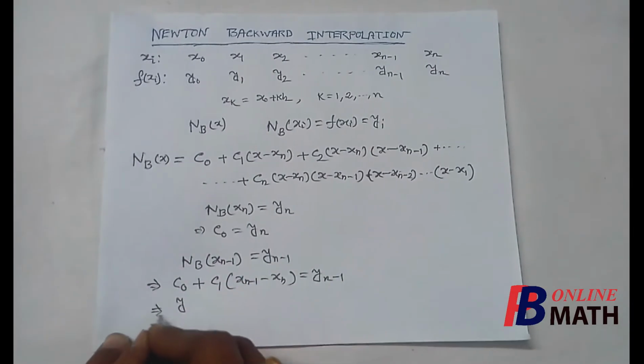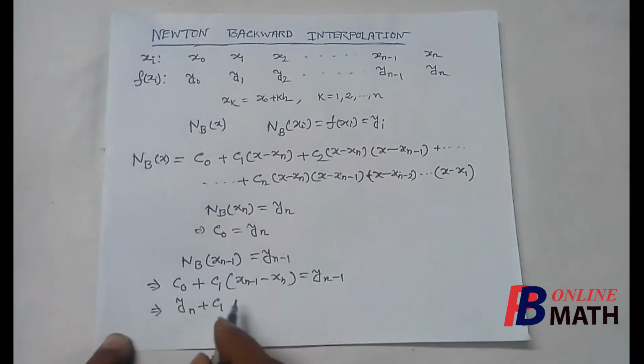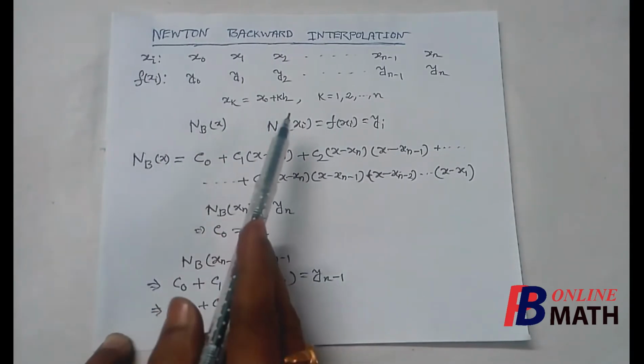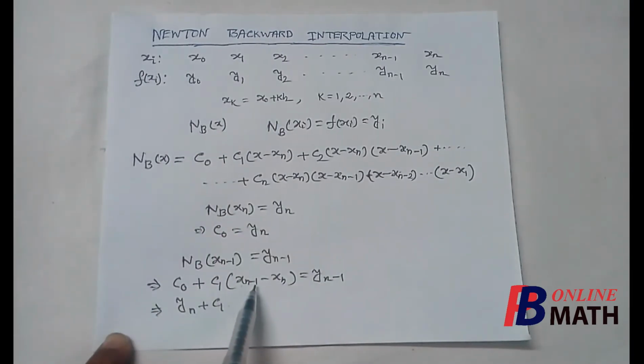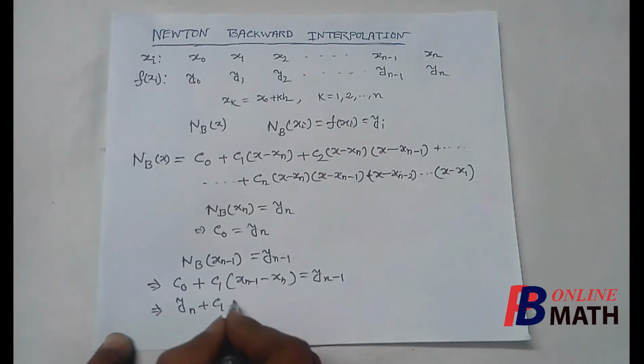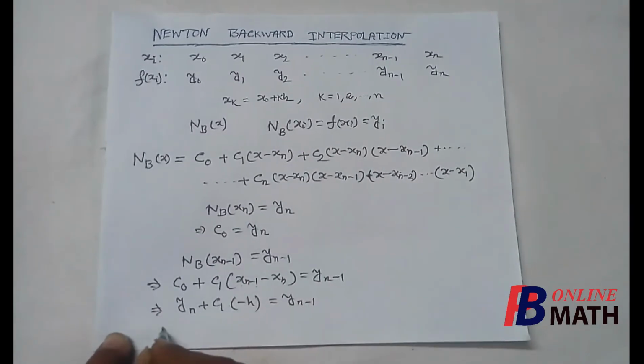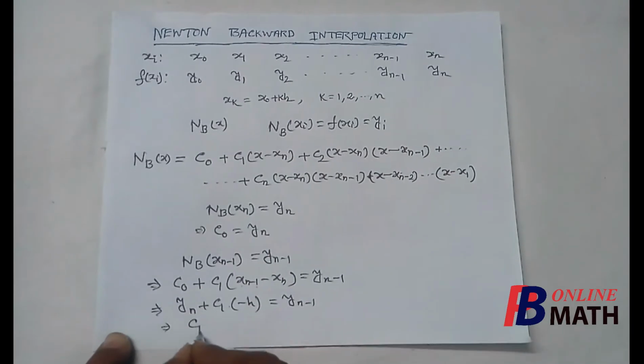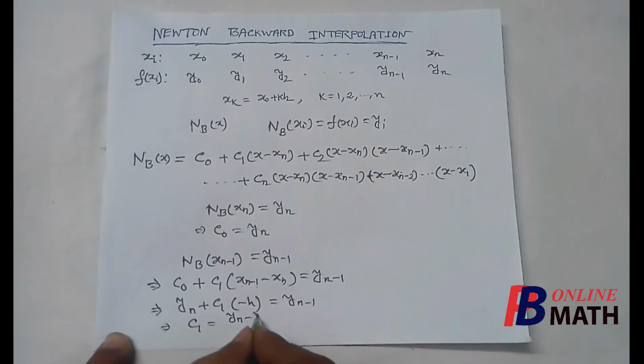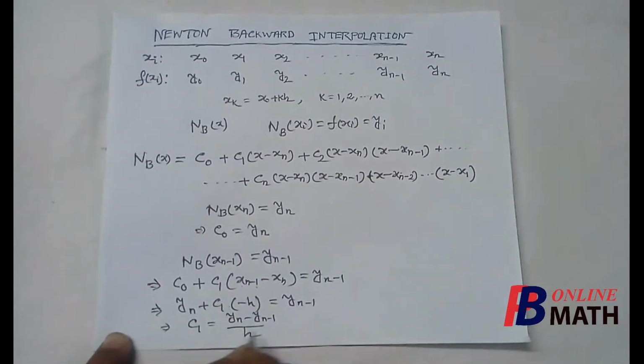So it is yn plus c1 into (xn minus 1 minus xn). These are two consecutive arguments, the distance between them is h, and remember that xn is greater than xn minus 1, so this is equal to minus h. So yn minus c1 h is equal to yn minus 1. Therefore c1 is equal to (yn minus yn minus 1) by h.